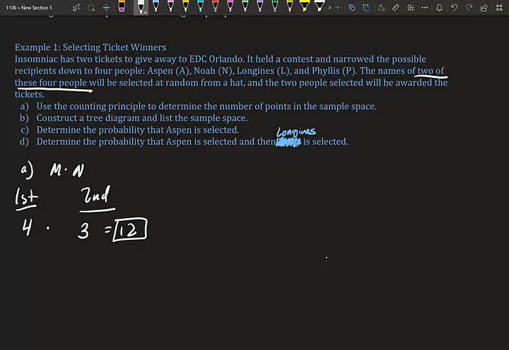Let's draw that to see what a tree diagram looks like to describe 12 possible winners. We're picking 2 people to win. This is our first pick, this is our second pick, and this is our sample space.